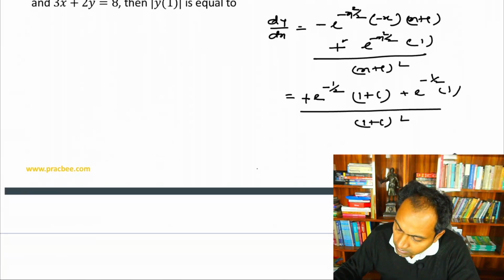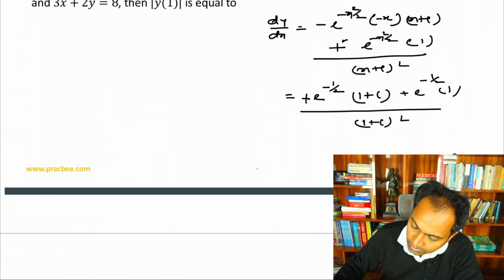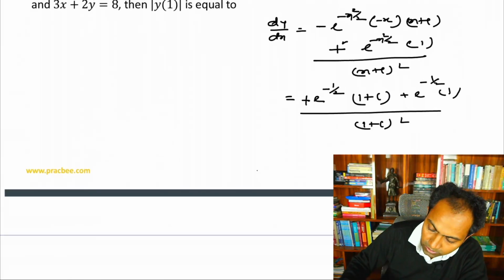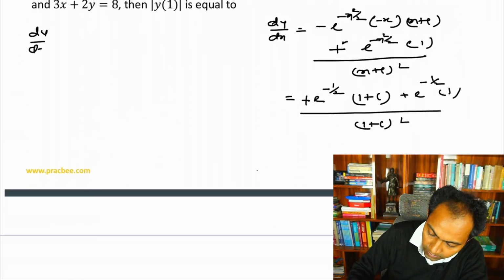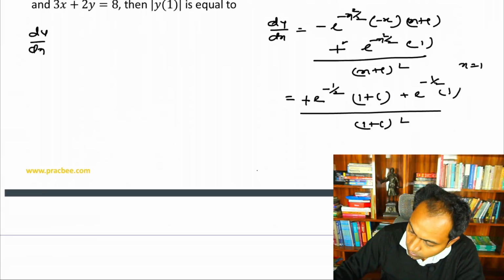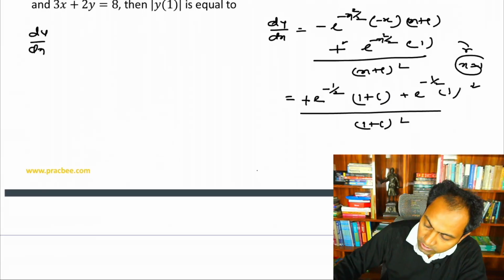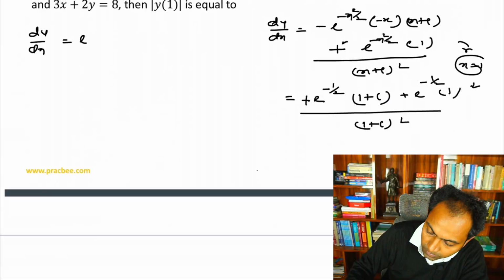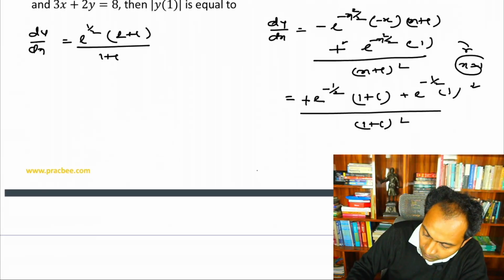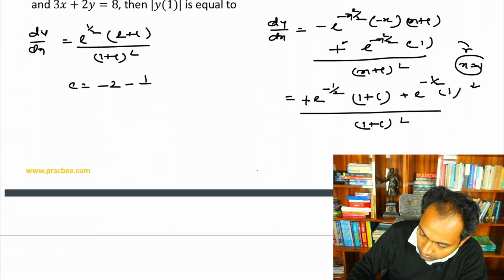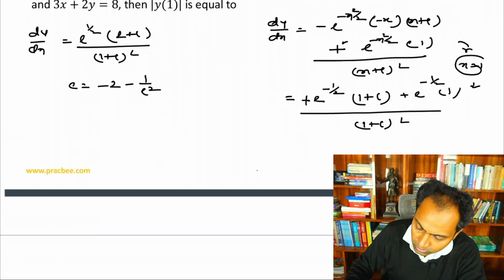And now in the numerator part, we can clearly see that after doing this calculation, the value of dy by dx, so what I have done is I have put x equal to 1 in this, and hence we have got this expression. So e raised to the power 1 by 2 can be taken common. This will become 2 plus c by 1 plus c whole square. C we figured out was nothing but minus 2 minus 1 by e square, or e raised to the power minus 2, same thing.